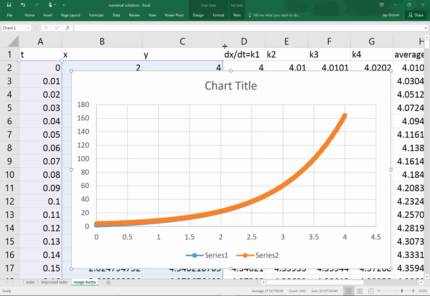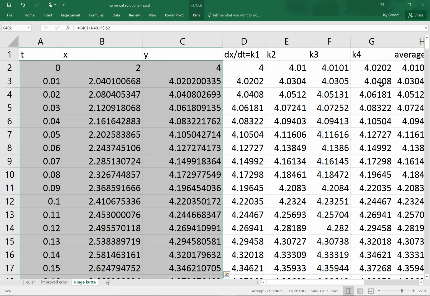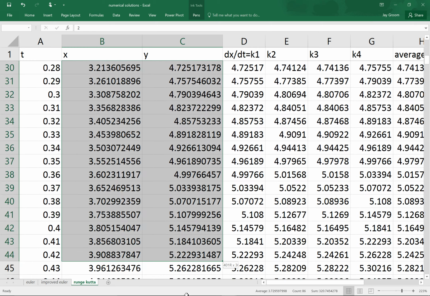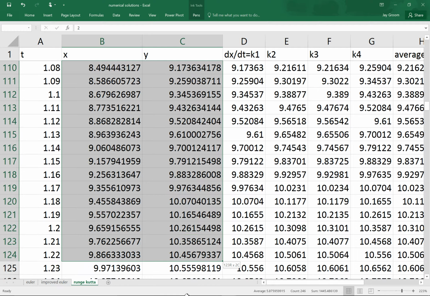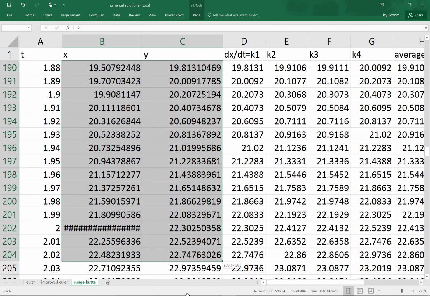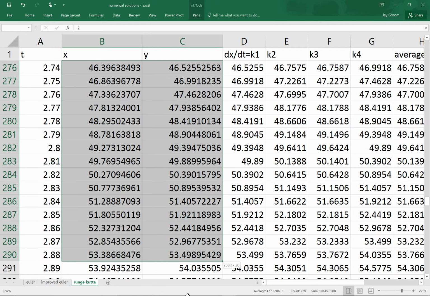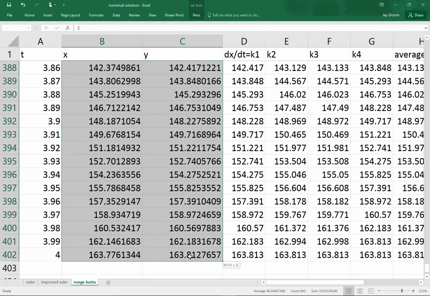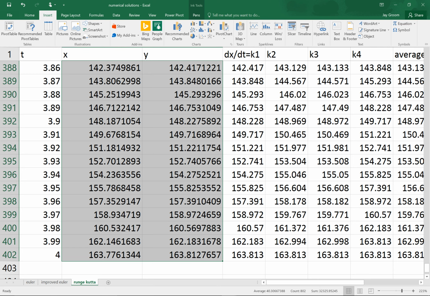Notice how they're almost on top of each other. You can't even see them. What if I just graph them versus one another? In other words, don't worry about time. Worry about what x and y are doing relative to one another. And I can do that too.